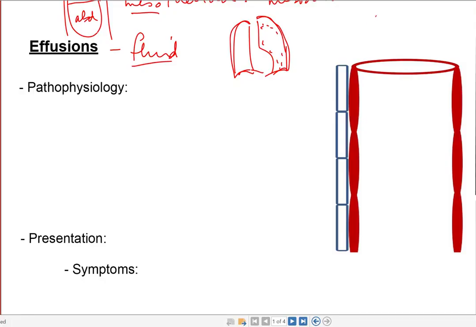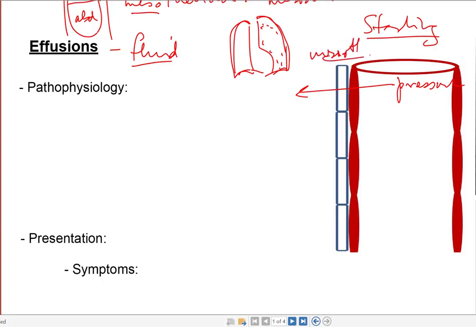So let's come back here and review our Starling forces, because the Starling forces define changes in the fluid leaving the vascular space. Remember that the major force driving fluid is going to be pressure. Hydrostatic pressure drives the fluid from the vascular space out through our mesothelium or pleura here.